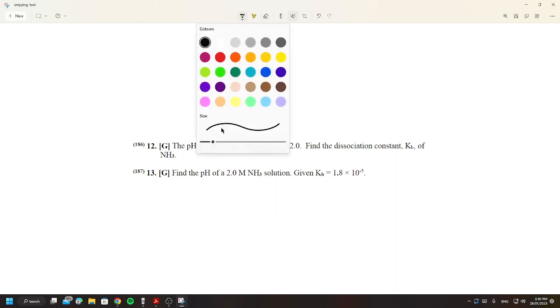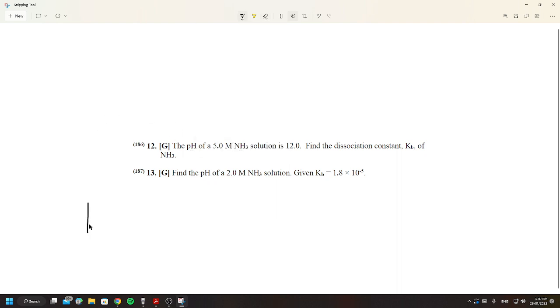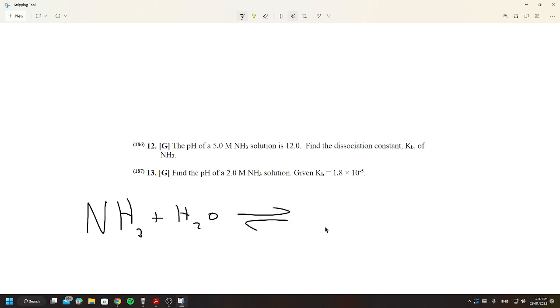So ICE table, the dissociation, so NH3 plus H2O gives off NH4 plus and OH minus. So NH3 initially is 5 molar, so 5.